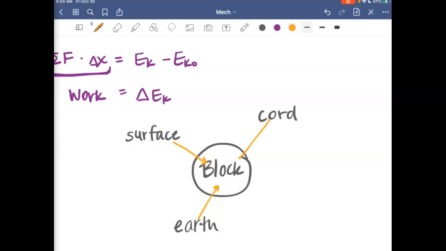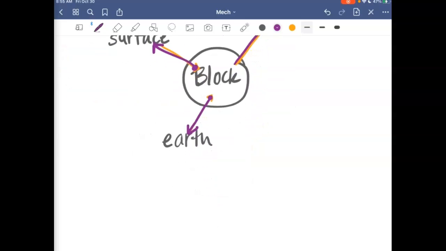The cord could do something to the block. Okay. And if I were to really be careful here, the cord can pull on the block. The earth can pull on the block. The surface can pull on it, the frictional force, if there was friction. So by defining my system as the block, all these other things are outside my system.